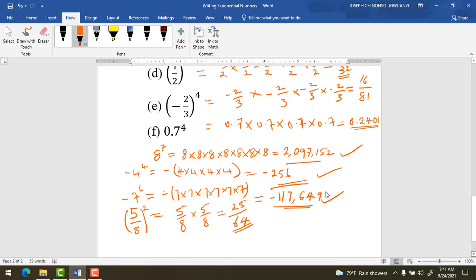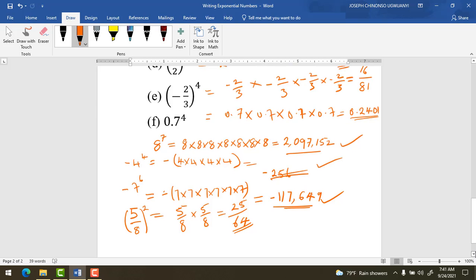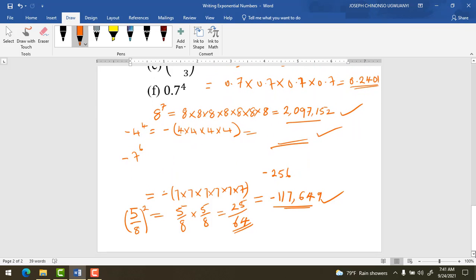Okay, so these are the ways we deal with exponents.